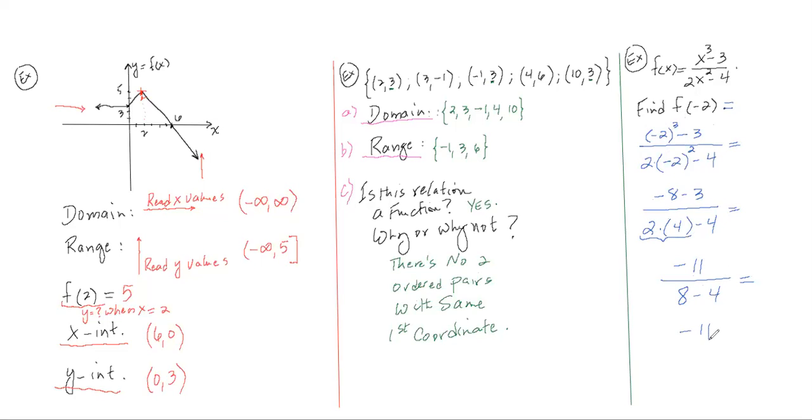So then it comes out to -11 over 4. And it's not reducible. That's your final answer. You don't have to change this into a mixed number, okay? You can leave it as improper. Any questions on that? No. All right, let's move on to the next one.